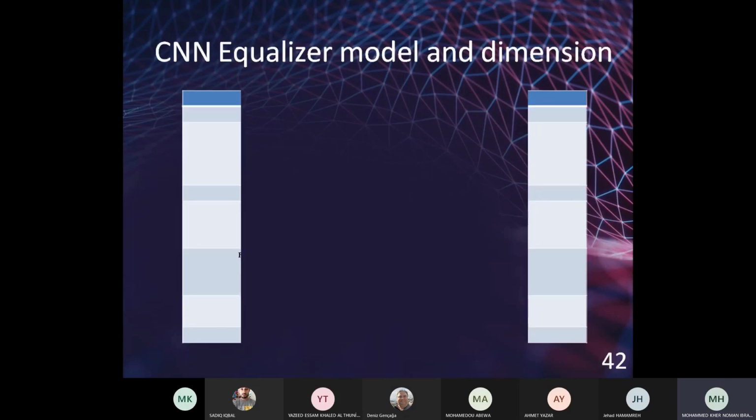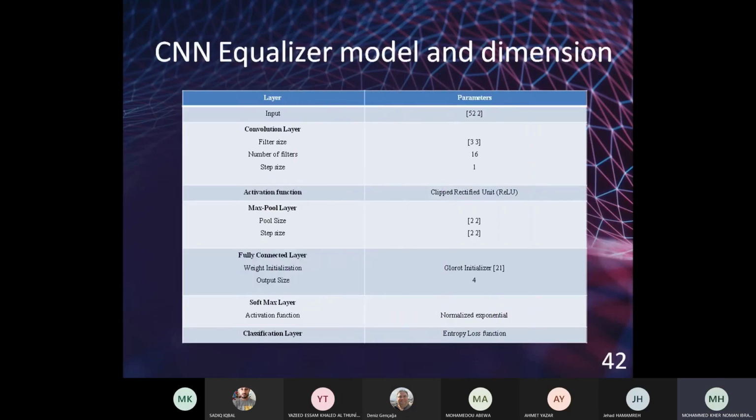So this is the equalizer model and the dimensions I have used in my CNN equalizer. Here is the input layer with 50 parameters, and then the convolution layer, activation function, max pool layer, the fully connected layer, the softmax layer, and finally the classification layer.